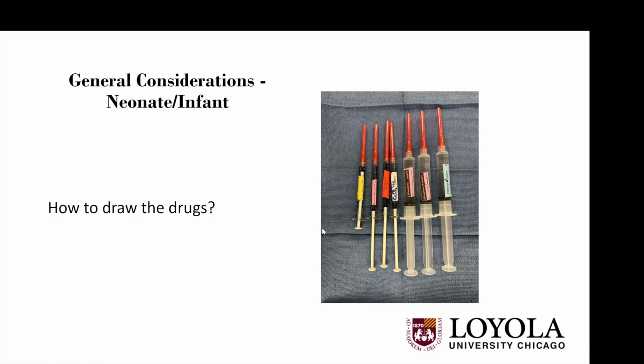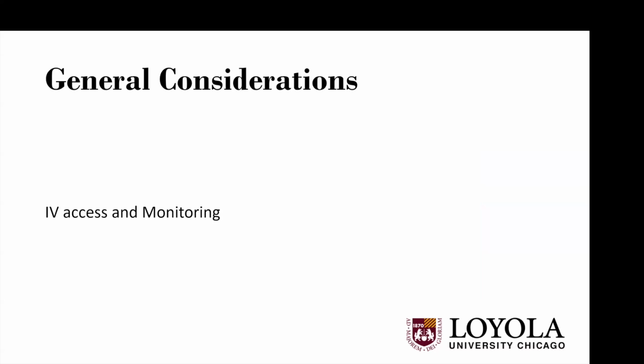So drawing the drugs ahead of time and drawing them in a very precise manner is very important. 1 cc syringes for any child who is less than 6-7 kilos is the best strategy. Only the propofol you can draw in slightly bigger syringes like 3 cc if the baby is about 7-8 kilos, but other meds you have to draw in very small quantities.